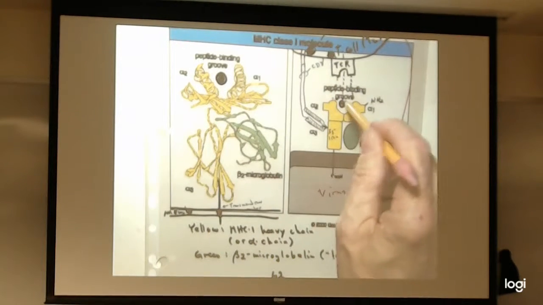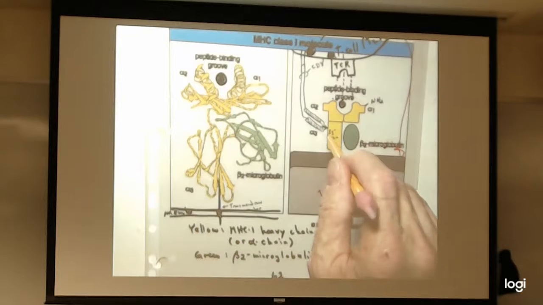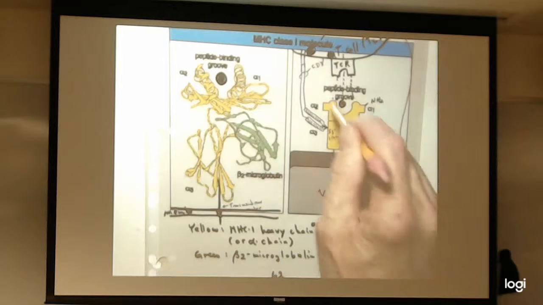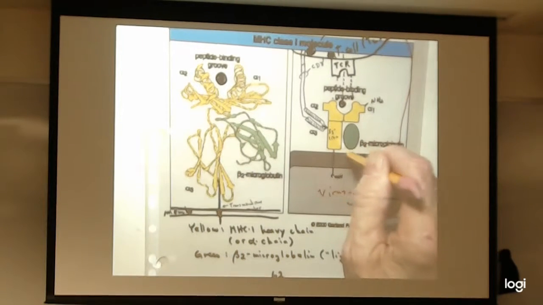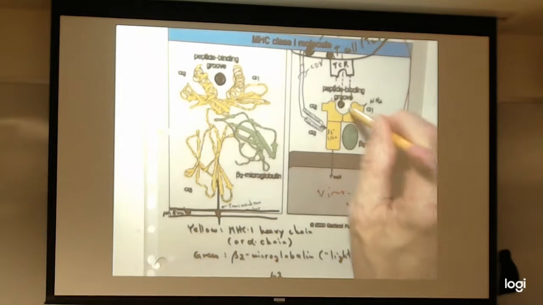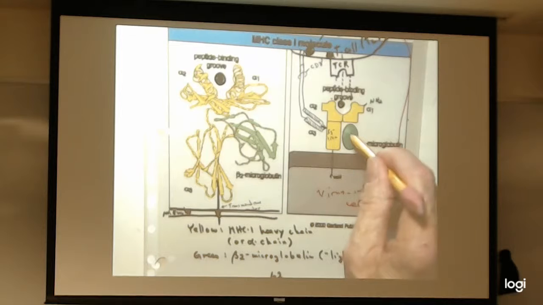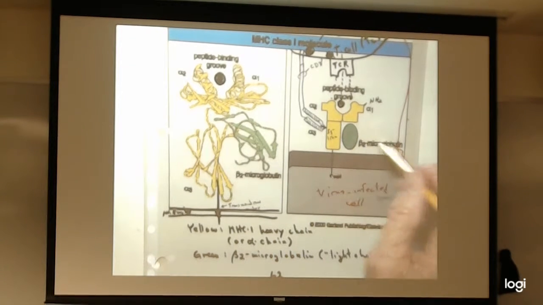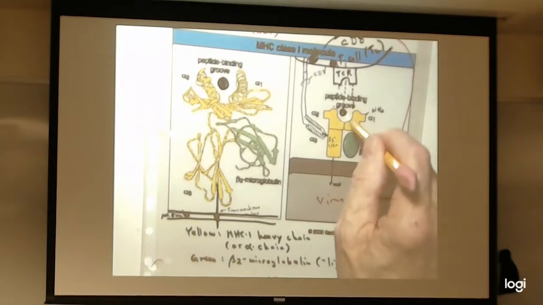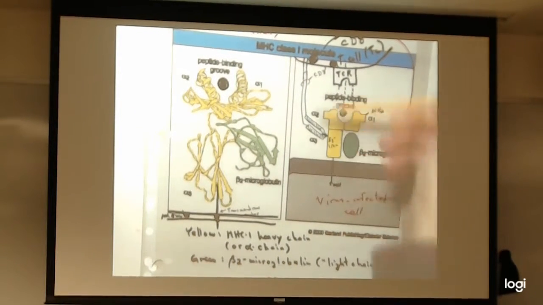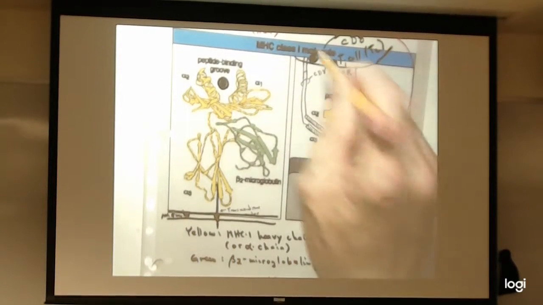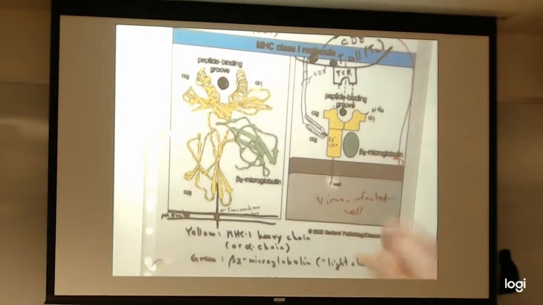Class 2, as I'll show you in a moment, it's the alpha and beta chains here of a class 2 molecule, where alpha contributes half of the structure, beta contributes the other half of the structure. For class 1, we need something to support the platform, and there's a sort of general purpose protein here called beta-2 microglobulin, which will come in here, slot right in, and then interact with both this and this part right here to stabilize and keep it from folding downwards, keeping it oriented perpendicular to the T cell receptor axis.